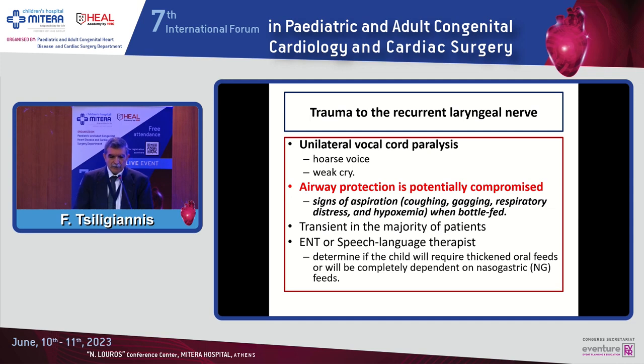It causes unilateral vocal cord paralysis with hoarse voice and weak cry. Airway protection is potentially compromised, and we may see signs of aspiration when the patient is bottle fed. If aspiration does occur, a multidisciplinary approach with a speech and language therapist and placement of NG or gastrostomy tube may be required.